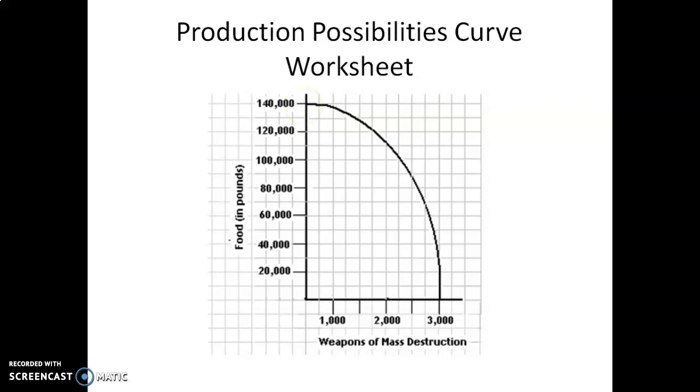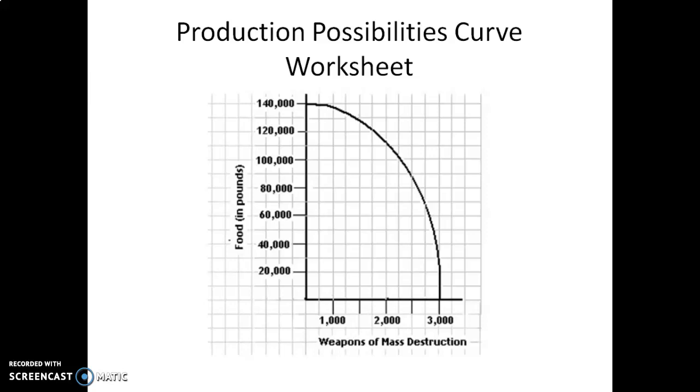There's a lot of resources out there that really are not suited to growing food, but they could be used for production of weapons of mass destruction. Think about a desert. A desert's not going to be very productive at producing food, but you could easily put a factory in the desert to produce the WMD. So right now, if we're only producing food, we're really wasting resources, using resources for food that really could be used much more efficiently in another product.